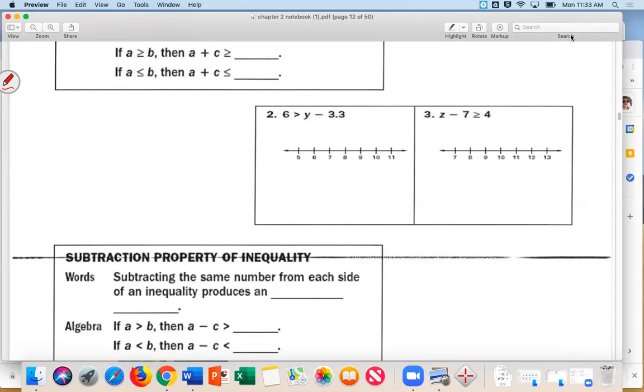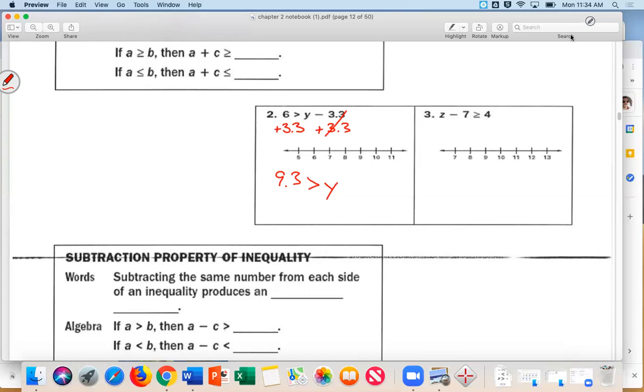So how do I undo minus 3.3, Louis? I add 3.3 to both sides. And those cancel. Now, 6 plus 3.3 is 9.3. Do you see that?